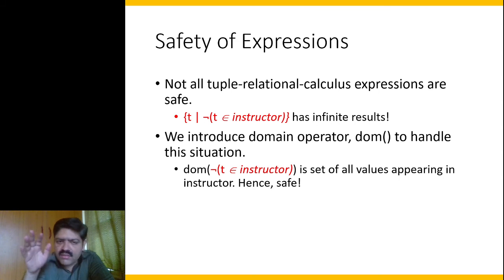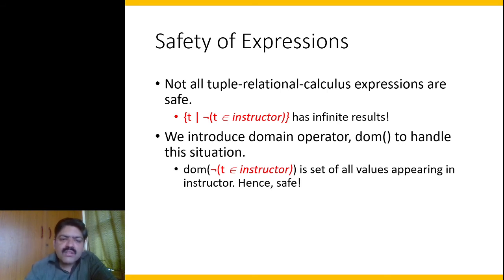In any relation there would be only finite tuples, so I get finite tuples as output, which is understandable. But what does this mean when I say not of t belongs to instructor? Give me all tuples that are not in instructor. The domain of that could be infinite, and we call that an unsafe expression.